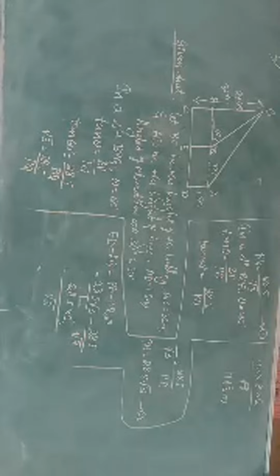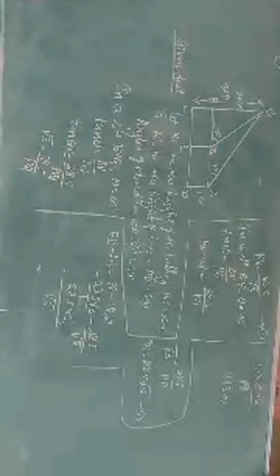From a point on the ground, the angles of elevation of the bottom and top of a transmission tower fixed at the top of a 20-meter high building are 45 degrees and 60 degrees respectively. Find the height of the tower.